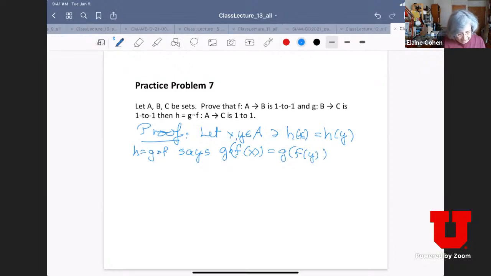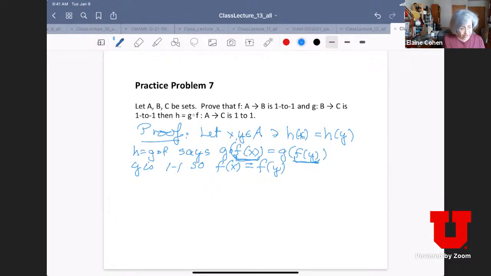Okay, now g is one-to-one, so f of x has to equal f of y. Okay, g is operating on those two values. So g being one-to-one says those two values have to be the same.